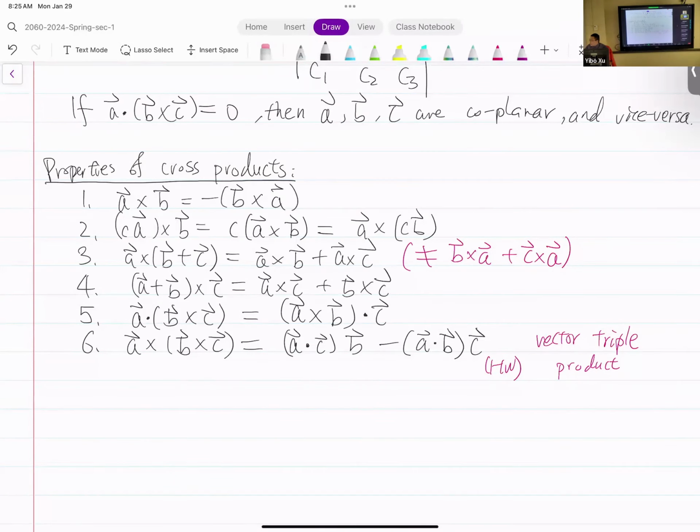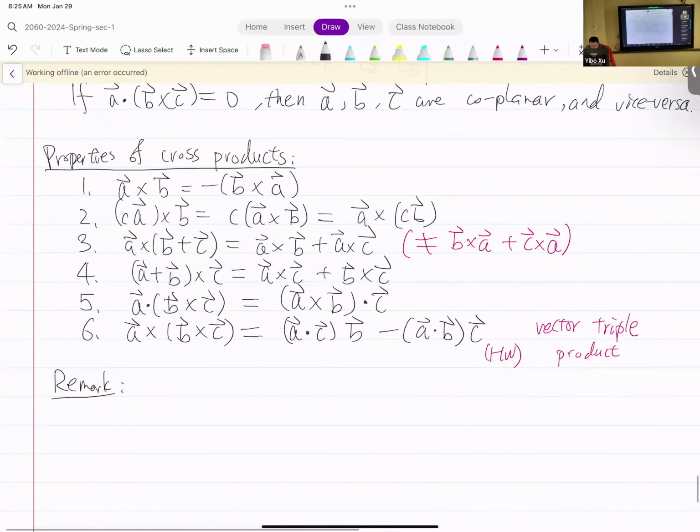Is it clear? Okay. That's the last property. So, final remark. These properties are the ones that are not so hard to verify, and they are always true.